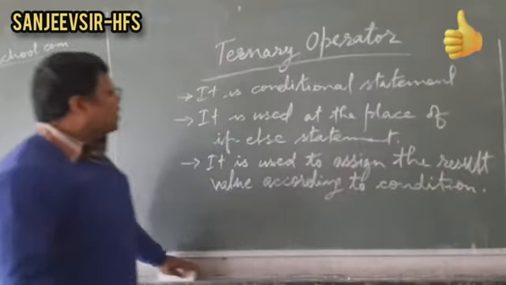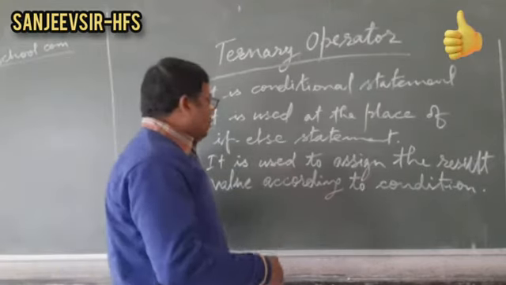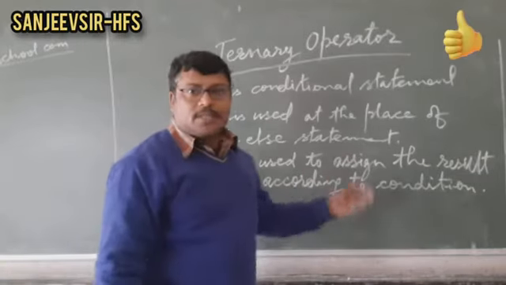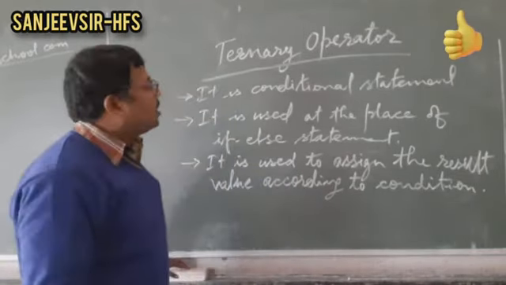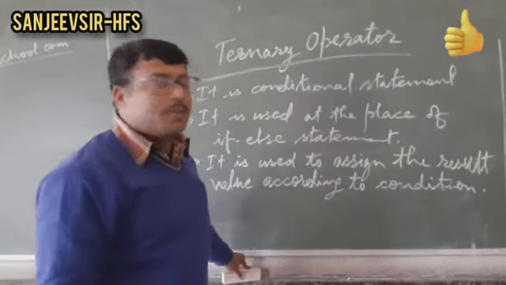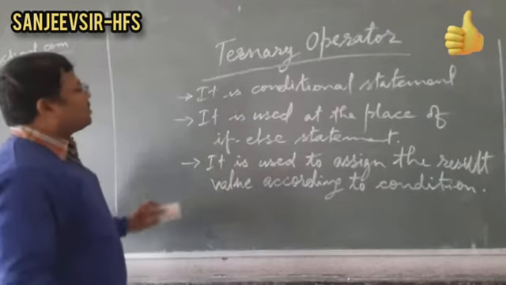So that means ternary operator is used to assign the value according to condition that we have discussed in the previous example. Now we understand programming aspects of ternary operator and one example of a simple program based on ternary. Those 3 points you write as notes.